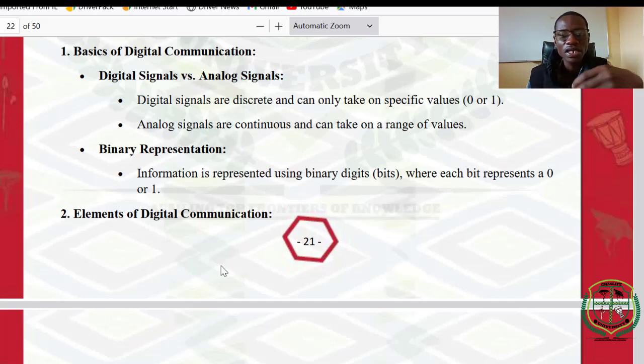Each bit represents a 0 or 1, so the information can either be a 0 or 1.